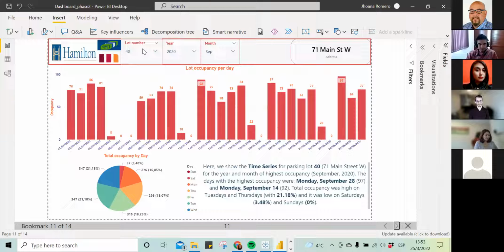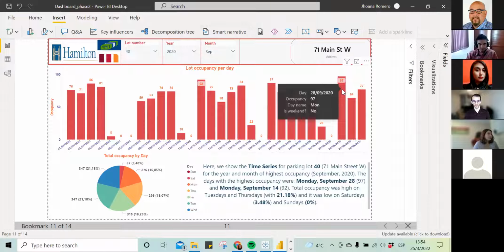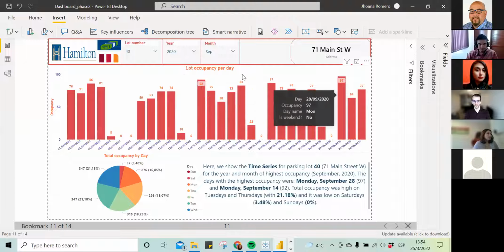Finally, we can see here the time series for parking lot number 40 per day for the year with the highest occupancy and the month with the highest occupancy. We can see here, for instance, that Monday had the highest occupancy, and Sunday had the lowest occupancy.